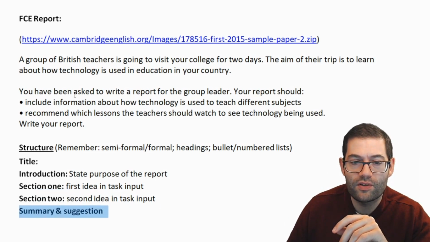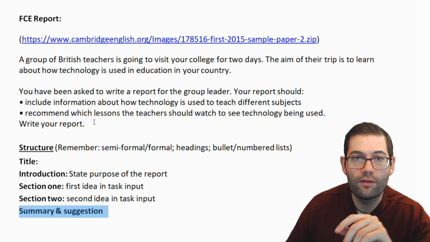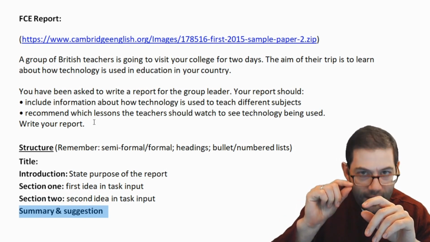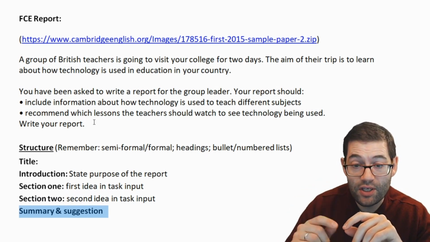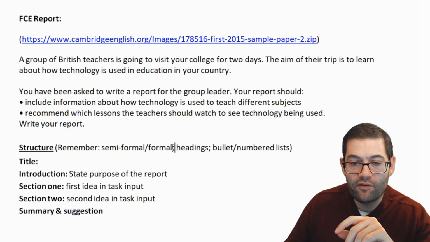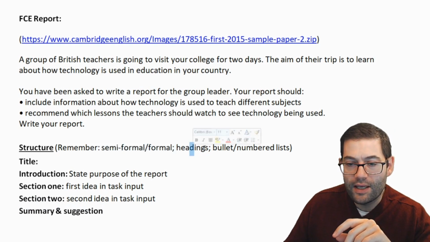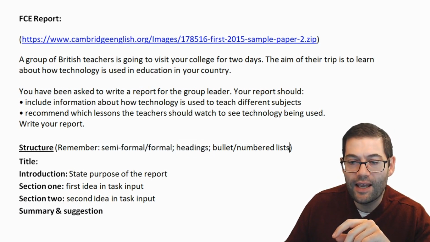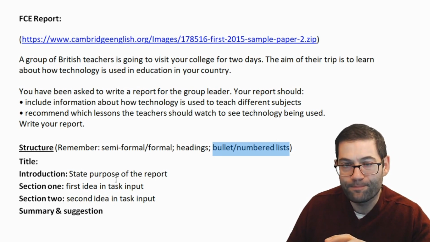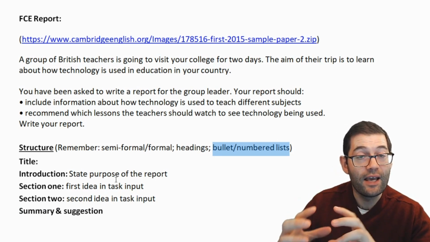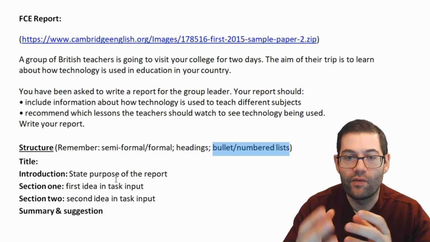And then we've got the summary and suggestion, which is based on what lessons and what technology you think the teachers should see. Now, remember that this is going to be semi-formal or formal. It's going to involve headings, and it has to involve bullet lists or numbered lists, because these are the things that are included in the format of a report.